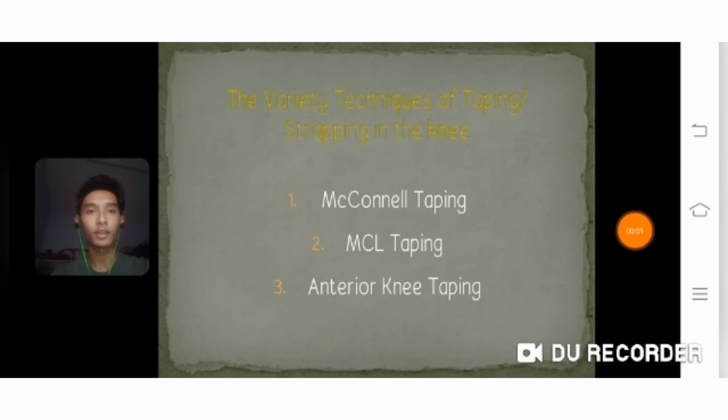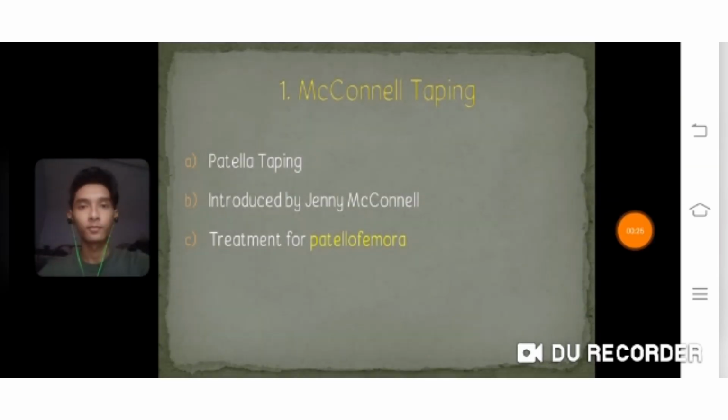Okay, the next slide is the variety of taping and strapping techniques for the knee. There are three techniques that are very useful for knee injury. The first one is known as McConnell taping, the second one is MCL taping, and the third one is anterior knee taping. McConnell taping is also known as patella taping.